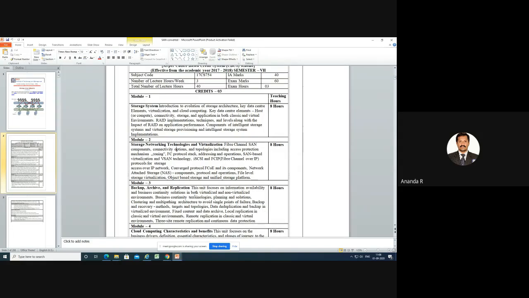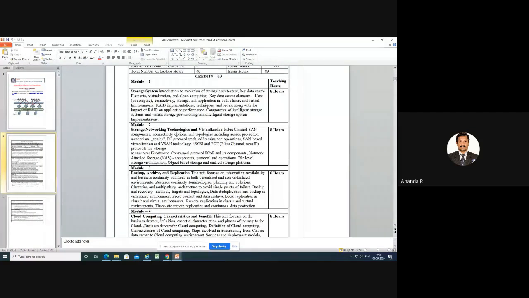If I go to module number three, it is about backup. What does backup mean? As we know, why do we use the storage area network inside the computer system?